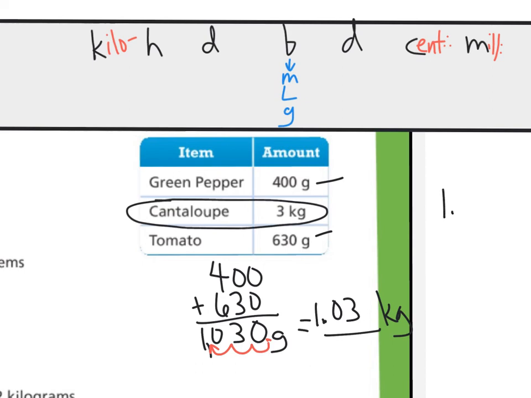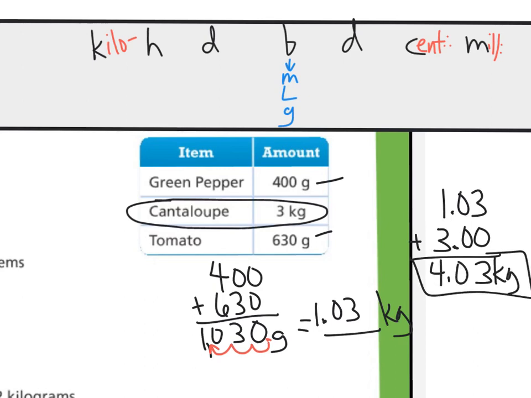And then we're trying to find out how many kilograms it is altogether. So when we add these together, we're adding 3 kilograms. What we have to watch for is that we don't add 3 like this, but we need to make sure that we have our decimals lined up. So 3 kilograms, you could put a decimal after the 3 and then add those together. That would be 4.03 kilograms altogether.